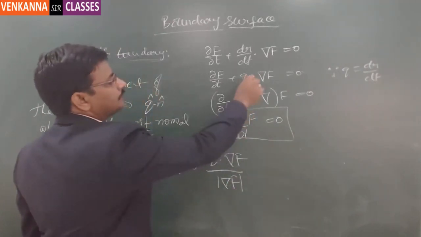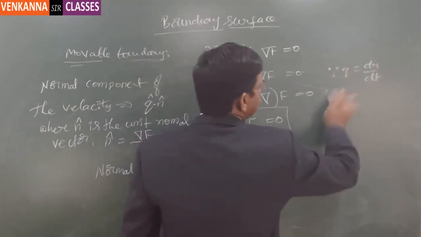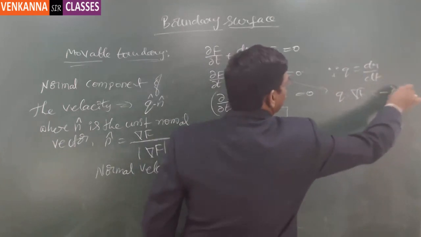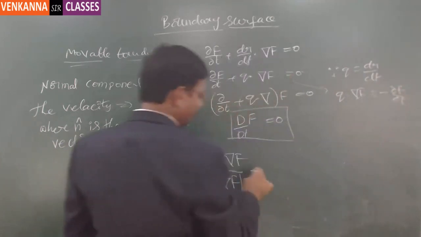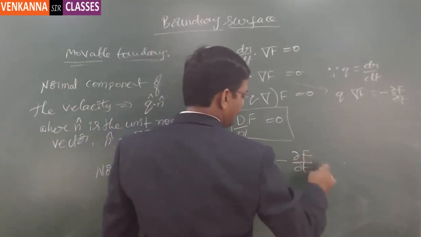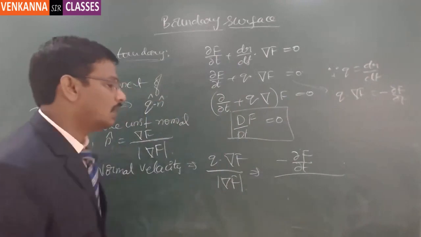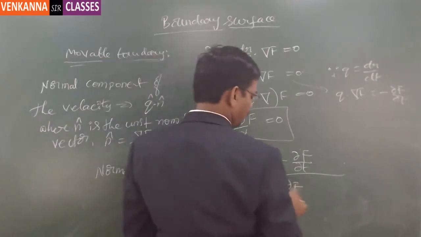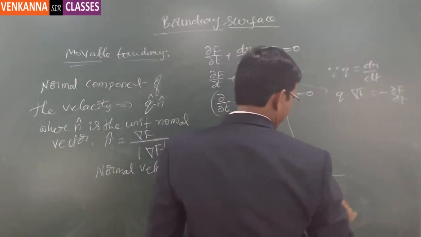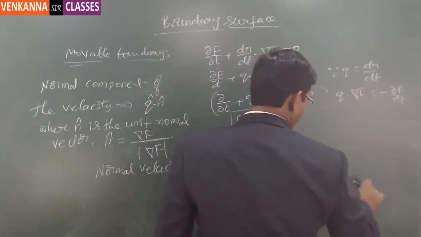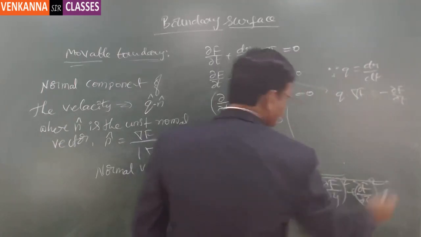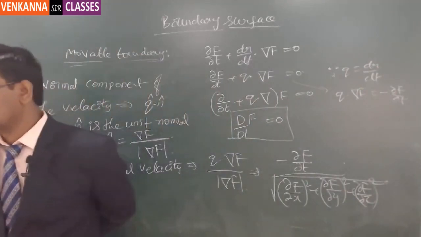But from this equation, q dot ∇f is equal to minus ∂f/∂t, and this you can replace here. So q dot ∇f can be replaced with minus ∂f/∂t divided by mod ∇f, which is the square root of (∂f/∂x)² plus (∂f/∂y)² plus (∂f/∂z)². So this is the normal component of the velocity of the fluid.